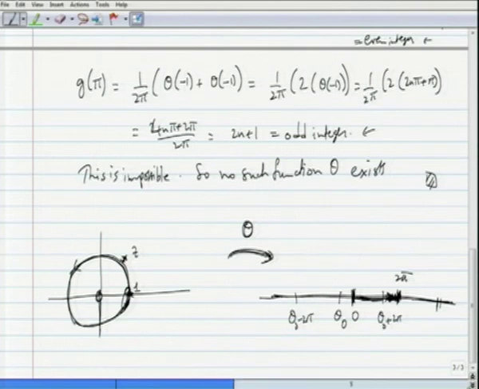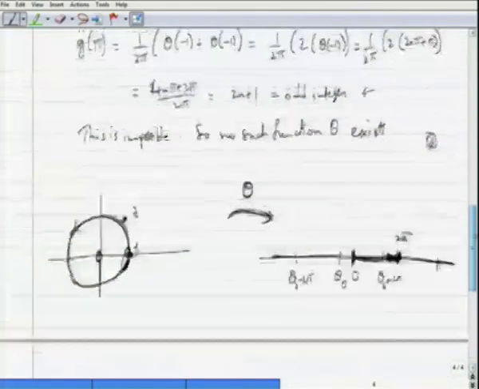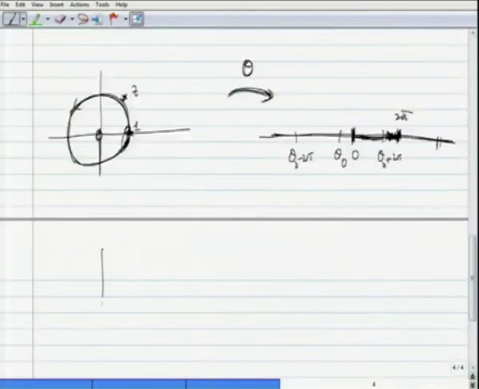So, what we can do to remedy the situation is delete the non-negative real axis from the complex plane.